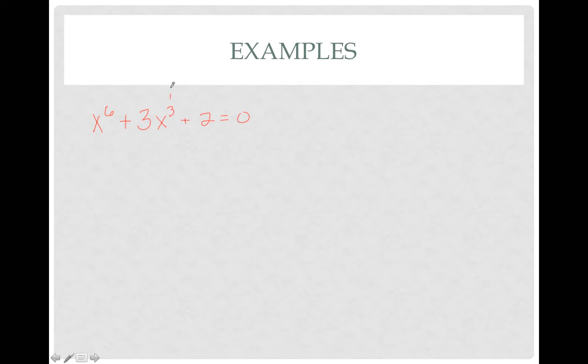You just have to look and see that this number is double this number, and it should be a quadratic type. And I can factor this to x cubed plus 2 and x cubed plus 1 equals 0. You notice that x cubed and x cubed make x to the 6th. I get a 2x cubed and a 1x cubed. That makes 3x cubed. And then my last is plus 2.